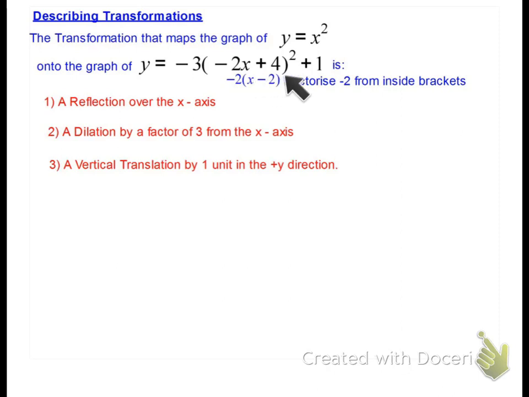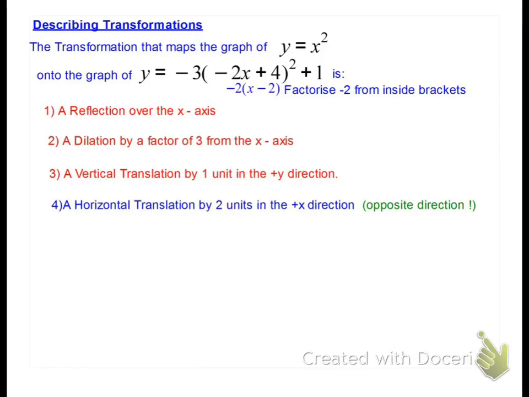Okay, so now looking at the x part, we're going to factorize a common factor of minus 2 from the x and express it like this inside our parabola bracket squared. So that allows us now to identify our horizontal translation. Looking at this minus 2 from the x, that's a horizontal translation by 2 units in the positive x direction.